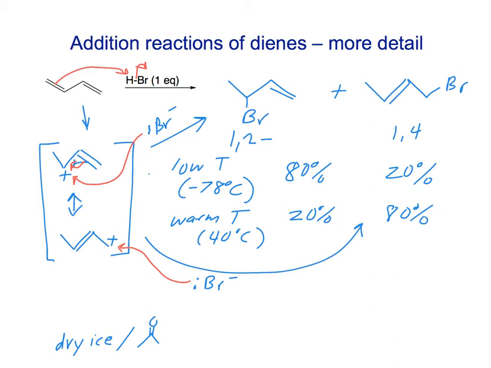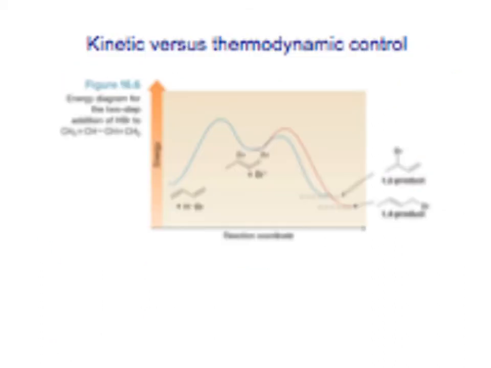That doesn't yet tell us why we would get different ratios of those two products at different temperatures. To understand that, we have to consider the different energies and how the energies change during this reaction. So let's look at a reaction coordinate or reaction energy diagram. There are two things going on.